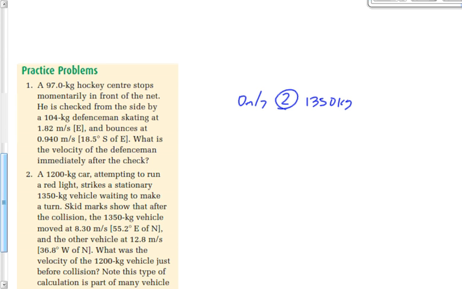So we're going to say car number 2 goes this way, 55.2 degrees east of north at a speed of 8.30 meters per second. And then it says car number 1, the other one, the lighter car, goes the other way. We're going to make that one green.